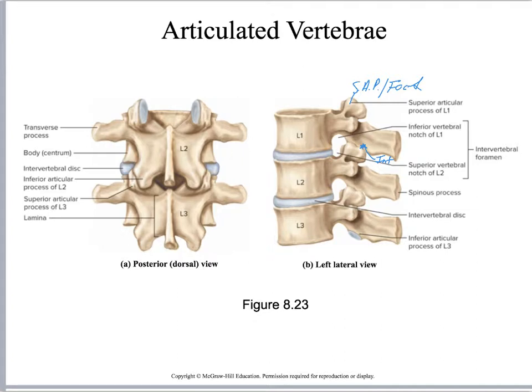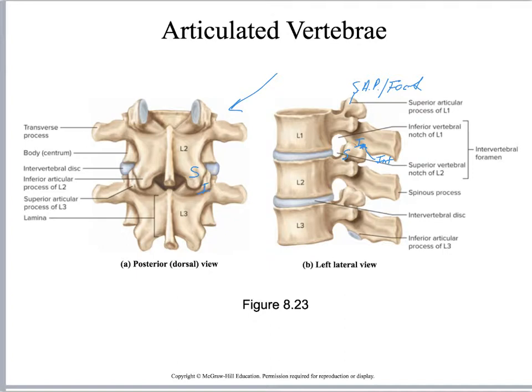Now notice that I've got a superior and an inferior lining up against each other. So same thing over on that side. I have a superior and an inferior lining up against each other.